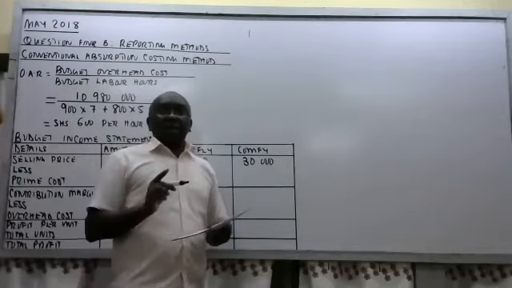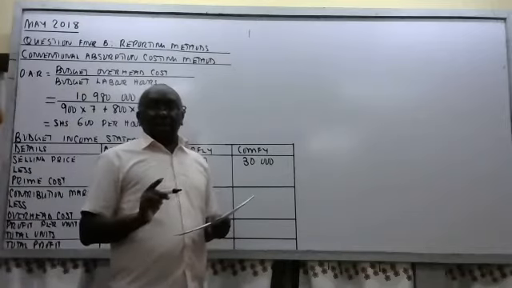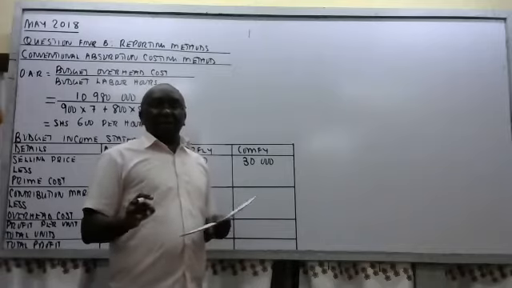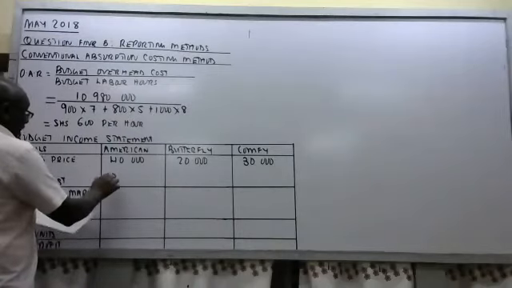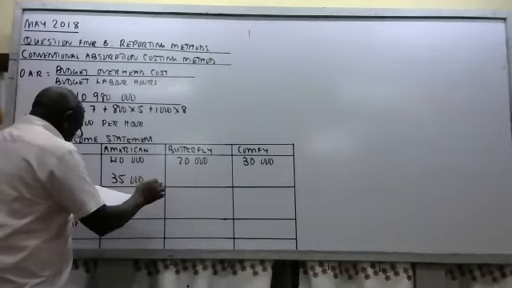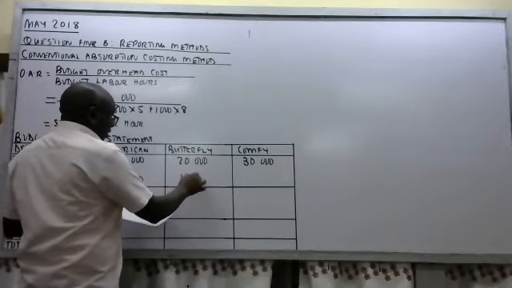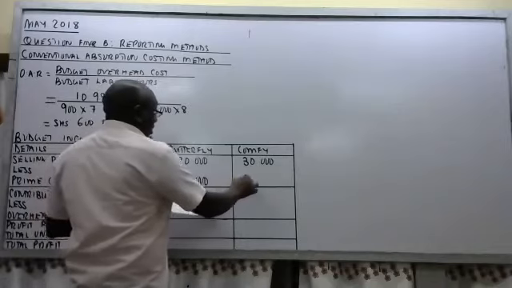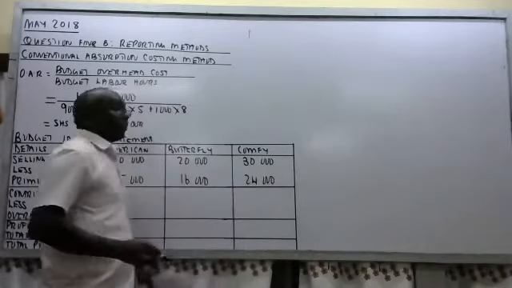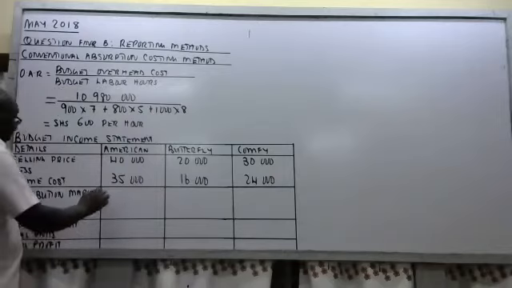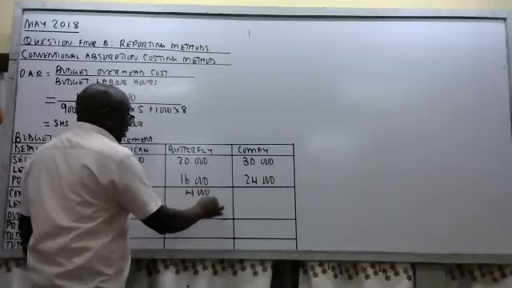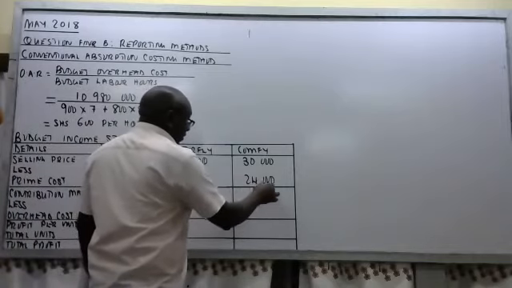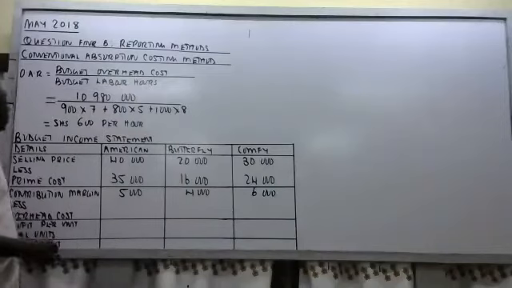Prime cost is the total of the direct costs, direct material cost, direct labor cost, and any other direct costs. So this one we are told is 5,000, this one is 16,000, and this is 24,000. So the contribution margin here is 5,000, this is 4,000, and this is 6,000.